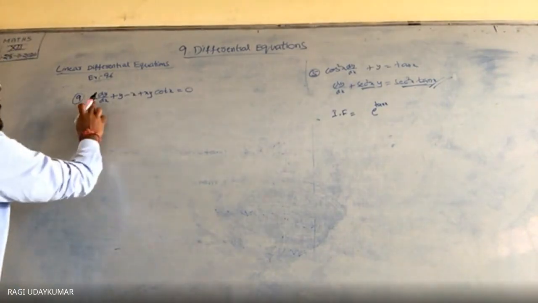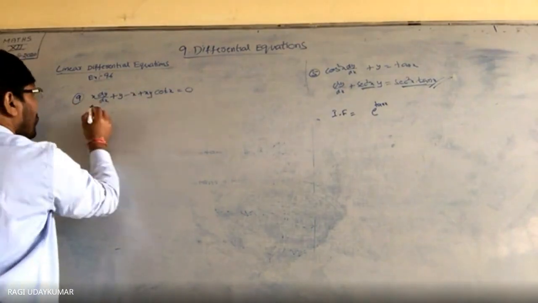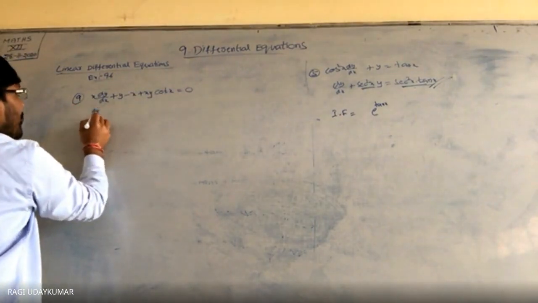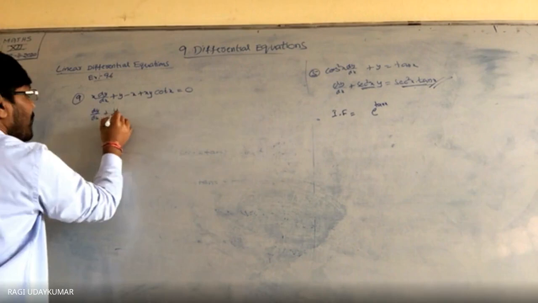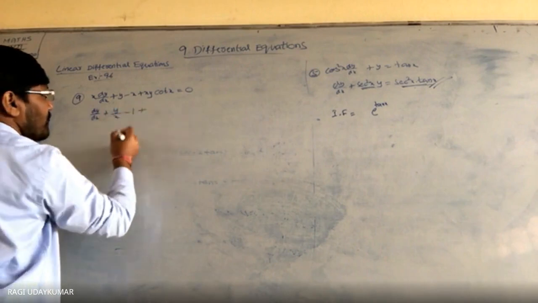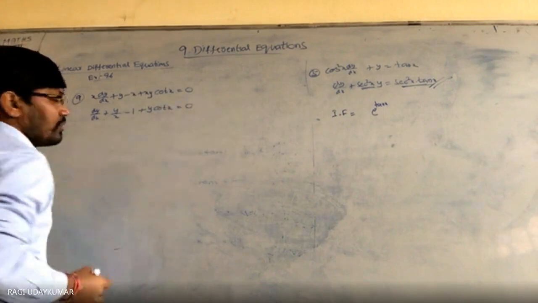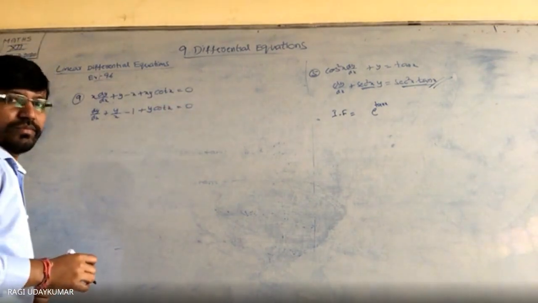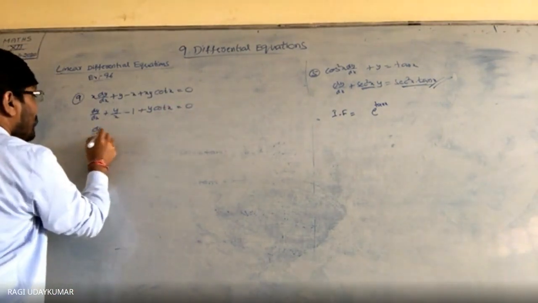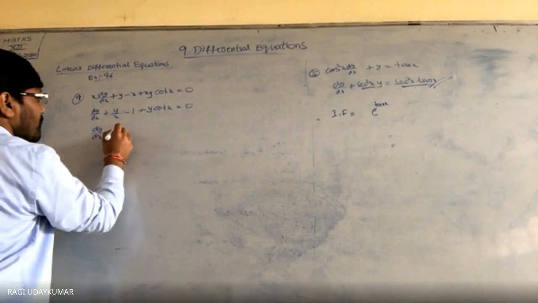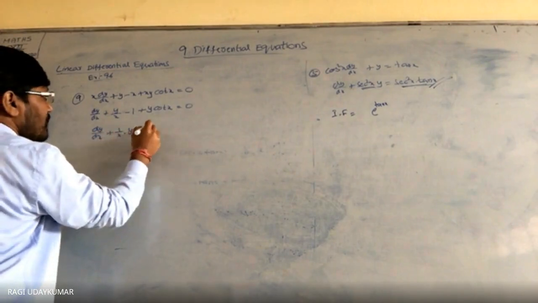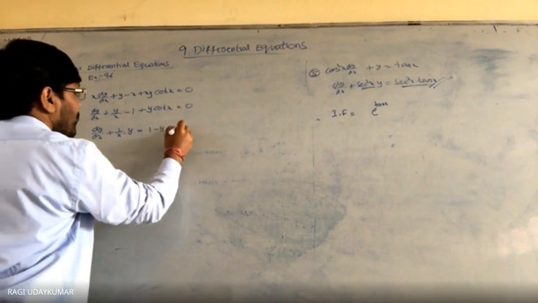So now here, divide the whole thing by x. So dy by dx plus y by x minus 1 plus y cot x is equals to 0. So what do you get here? dy by dx plus 1 by x into y is equals to 1 minus y cot x.